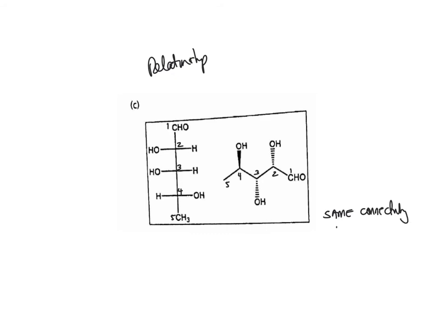So I would need to assign R and S's. How many stereocenters do we have? We have 3. So we're going to do 2, 3, and 4. We're going to do the same here. 2, 3, and 4. So we're going to fill in those blanks, and this is going to determine the relationship.